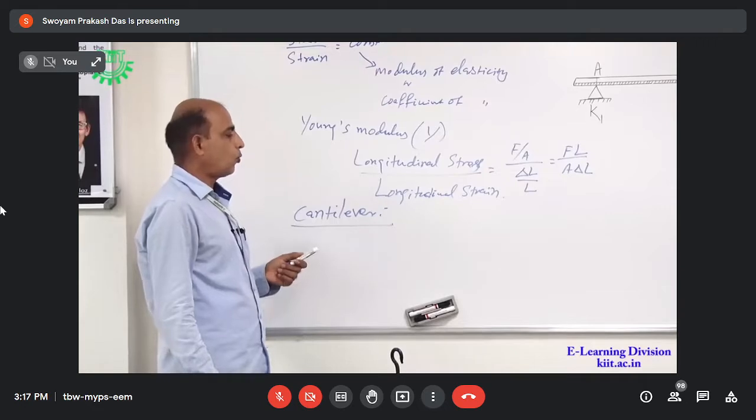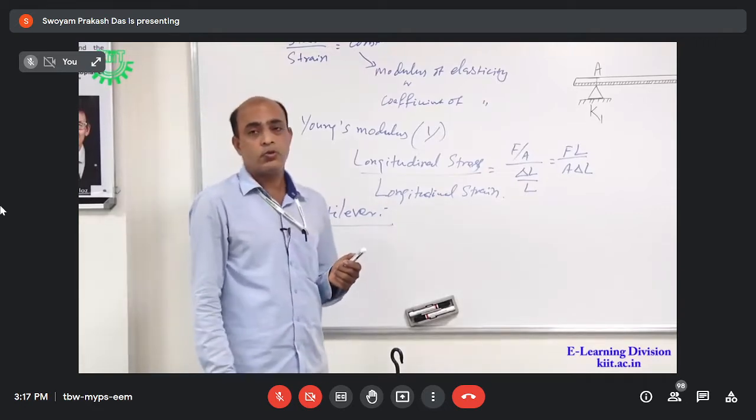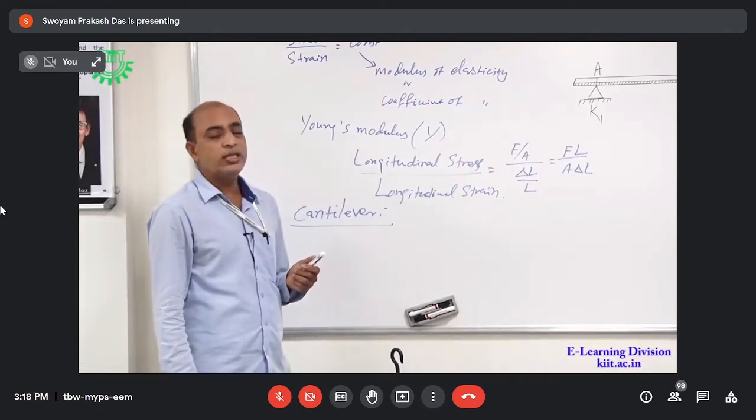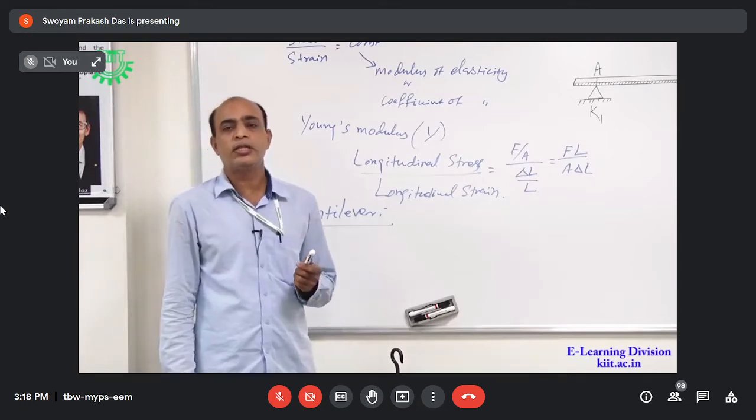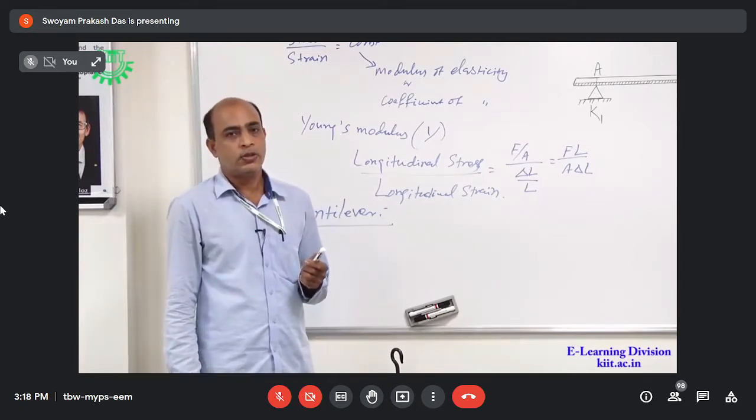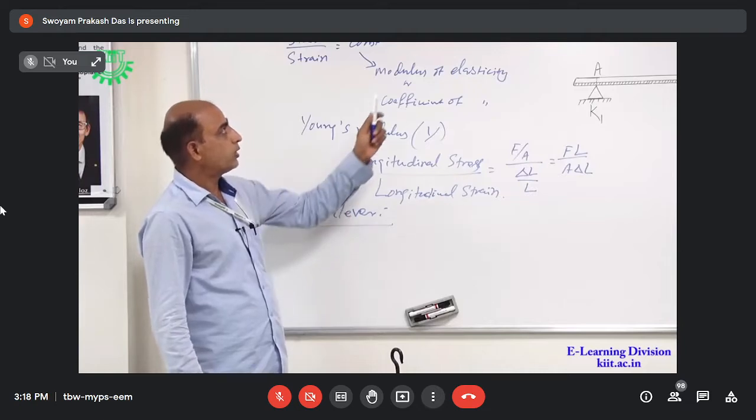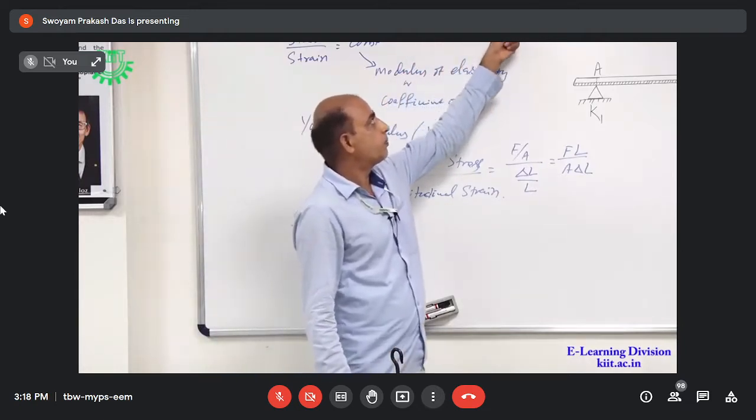So a long beam we have to take, whose length is very high in comparison to breadth and thickness. That is why the word beam comes.